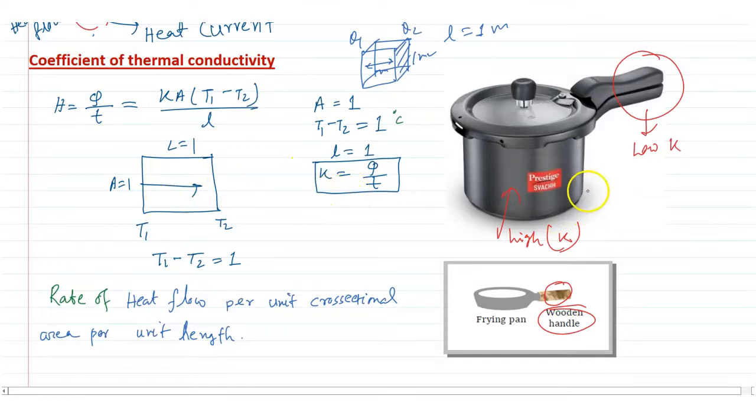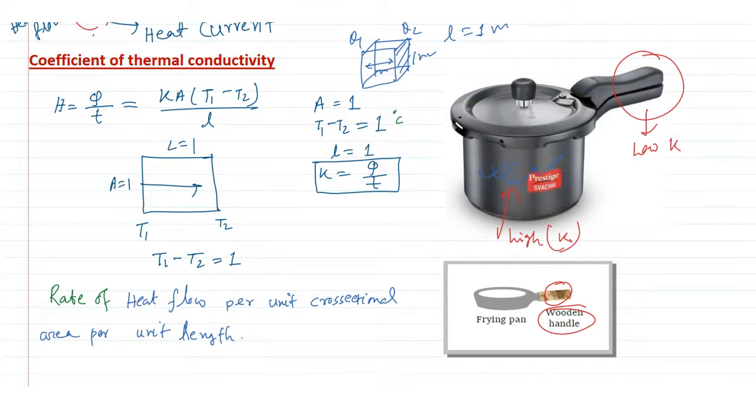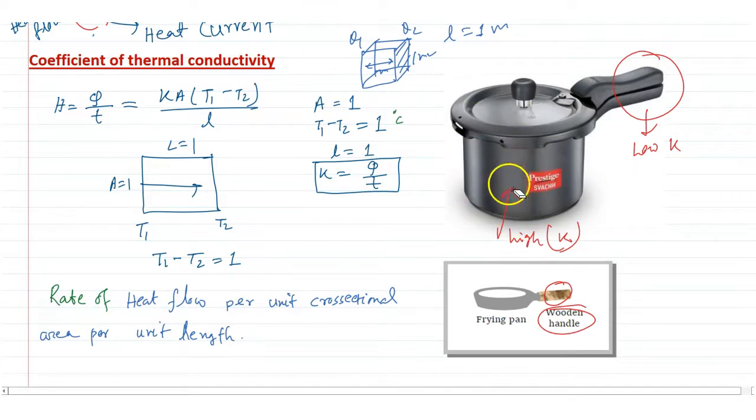You can see here I have given an example: this is a pressure cooker, and this portion is highly conducting. So if you put it on your burner, heat energy transfers from the lower surface to the upper surface of the conductor.